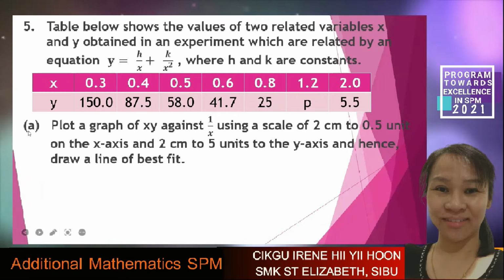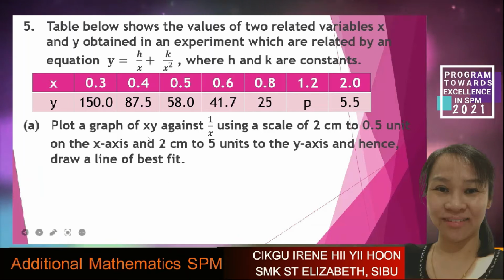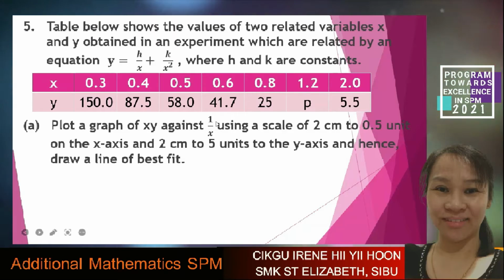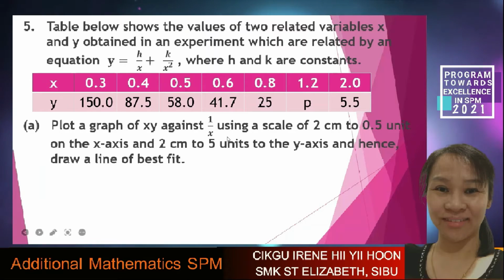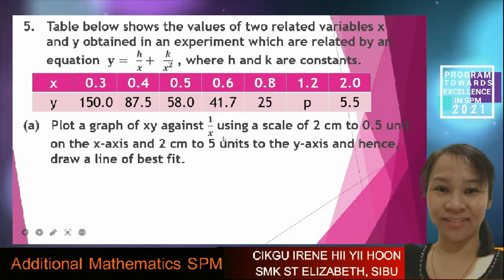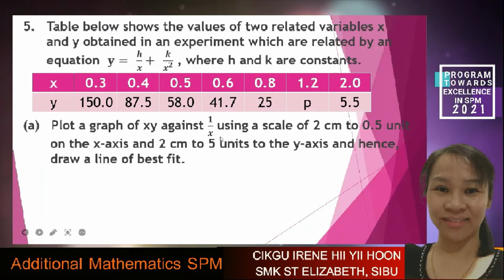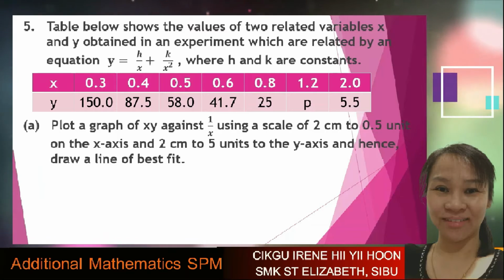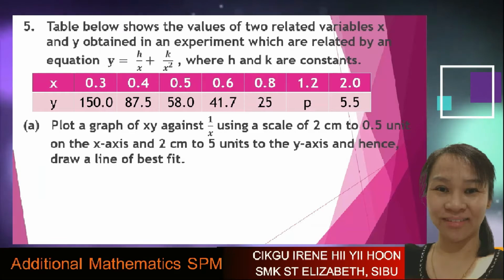Question number A. Plot a graph of xy against 1 over x using a scale of 2 cm to 0.5 unit on the x-axis and 2 cm to 5 units on the y-axis, and hence draw a line of best fit.